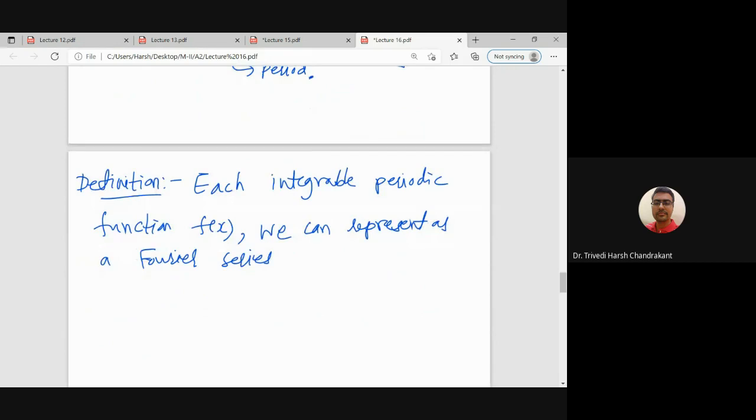How do we represent it? We write f(x) equals a0 by 2 plus the summation n equals 1 to infinity of an cos(n pi x divided by L).